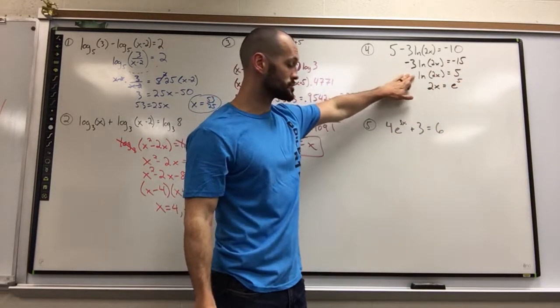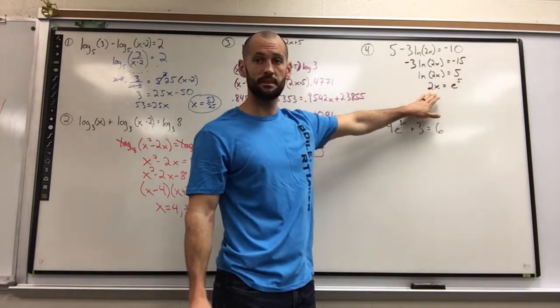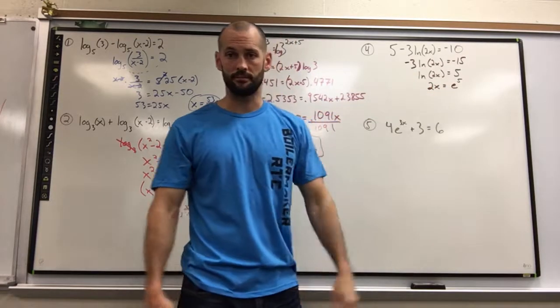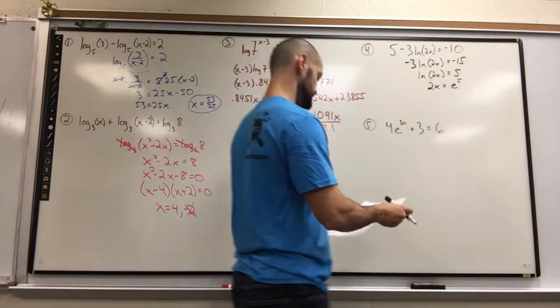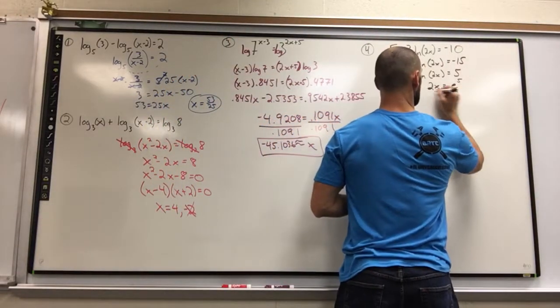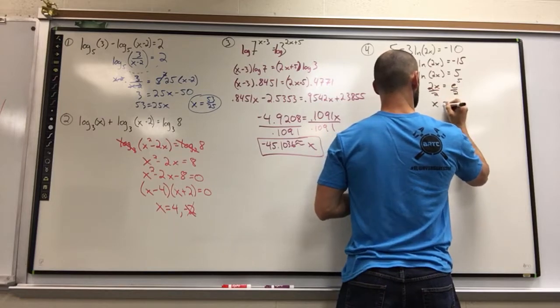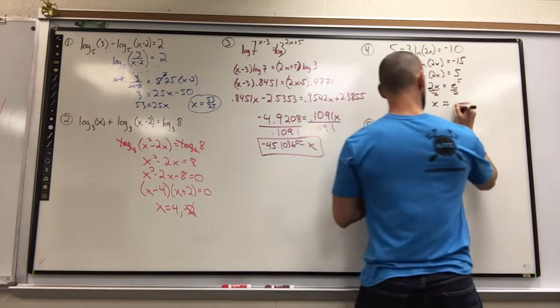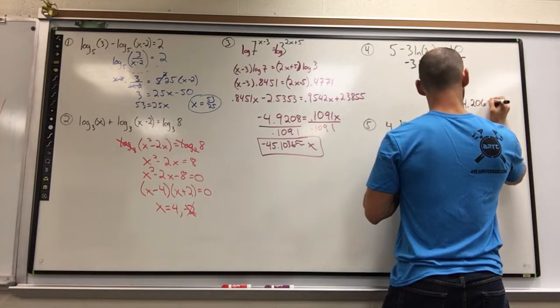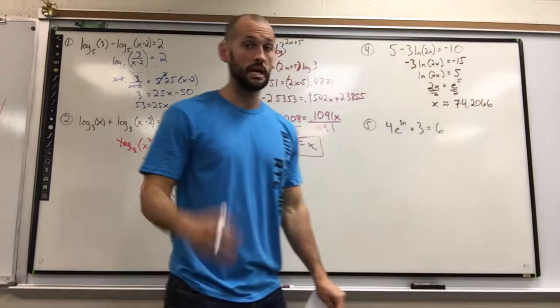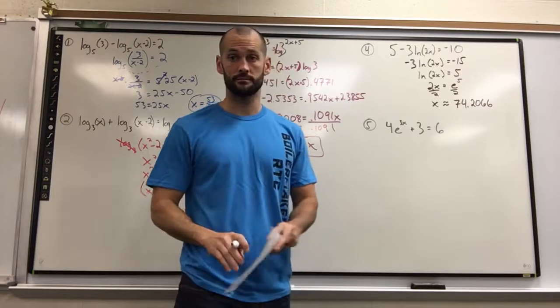That is putting a natural log statement into exponential form. Calculator time. Plug e to the 5th into your calculator and divide it by 2. Final answer, you should come up with approximately 74.2066. Easy problems if you know what you're doing.